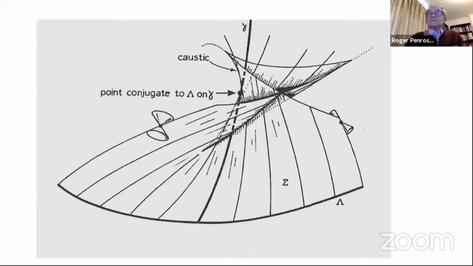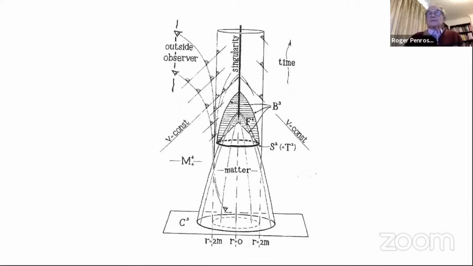And do the presence of features like this cause problems? I began to think about it, and this is the picture taken from the paper that was referred to in the introduction, which seems to have won me a Nobel Prize. I did the work in 1964, and I gave a talk at King's College.